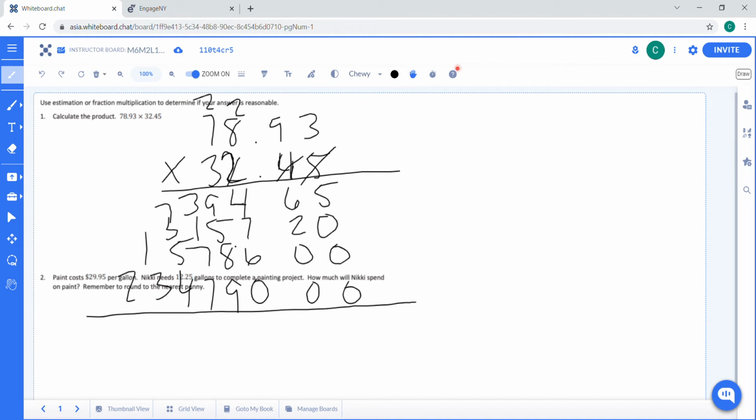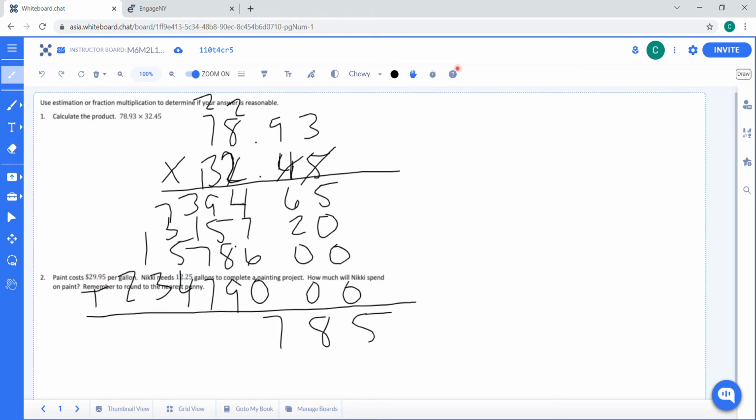Okay, now we just simply add, going straight down. So we have 5, 8, 17, there's 10, and 5 is 15, 8 is 23, 9 is 32.